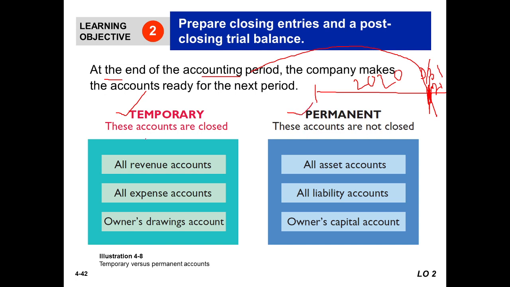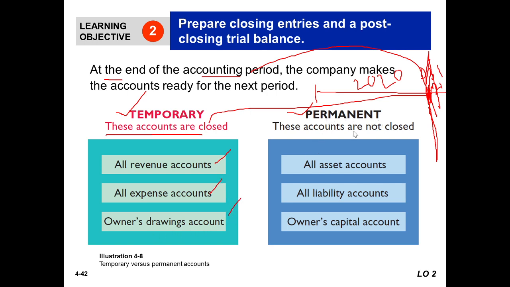Temporary accounts are closed at this point, December 31st, 2020. Three types of accounts are closed: all revenue accounts, all expense accounts, and the owner's drawing account.